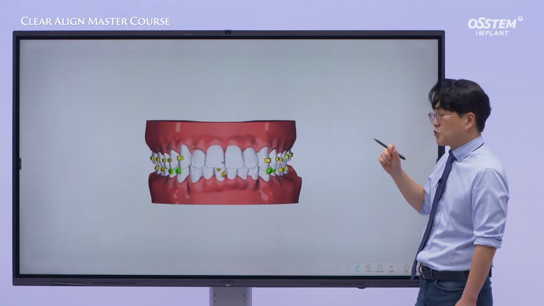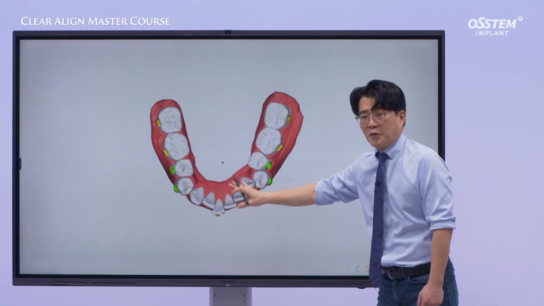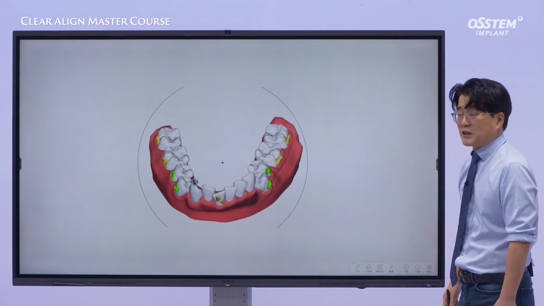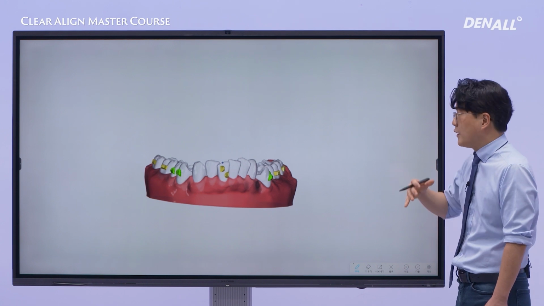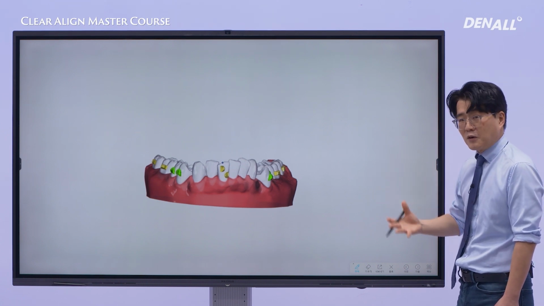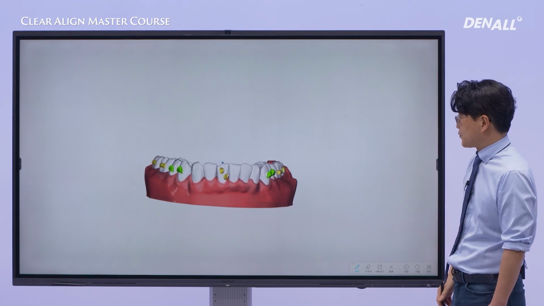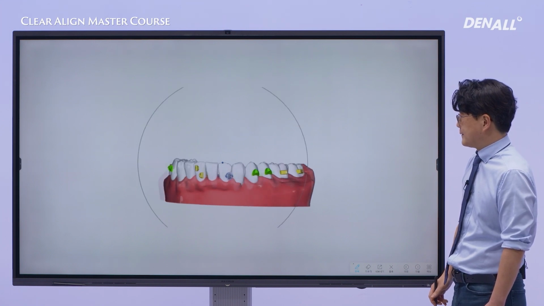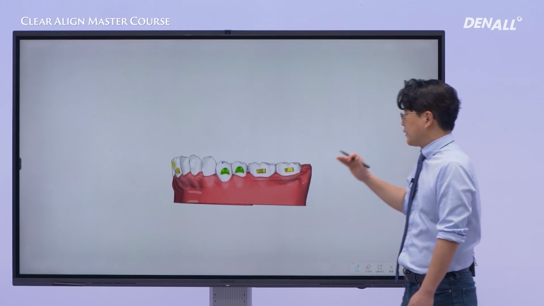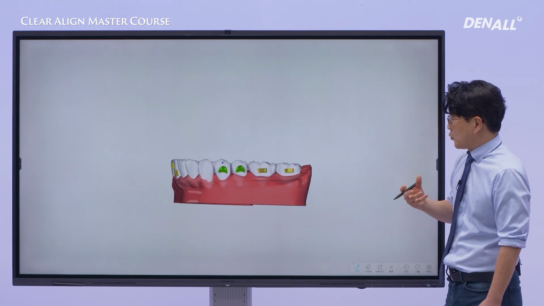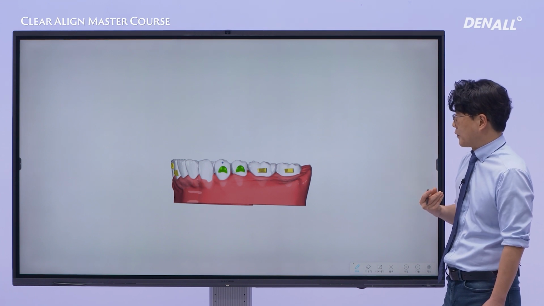After these requests are made, I receive the revised setup in video form and then proceed with confirmation. At this point, the aligners are delivered, and we deliver the aligners to the patient. In resolving the curve of Spee, we also aim for extrusion of the premolars.